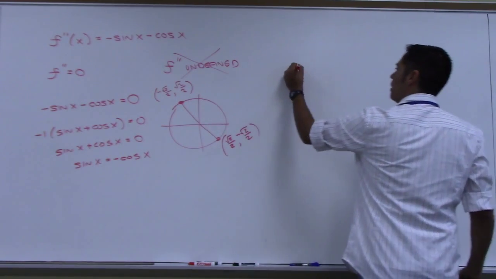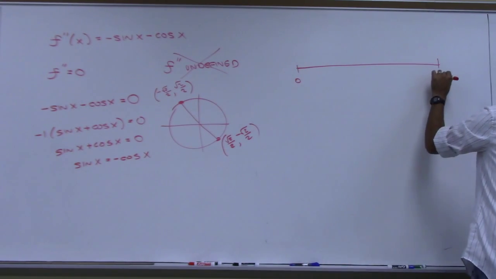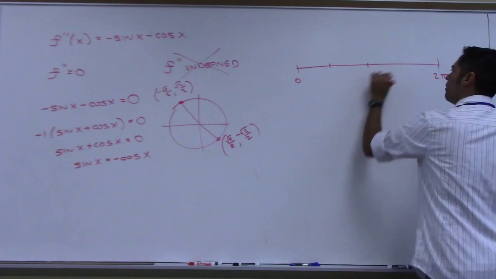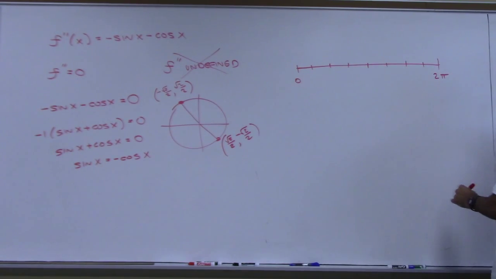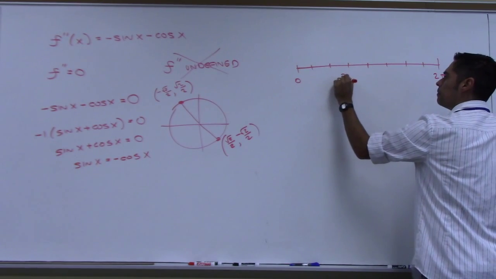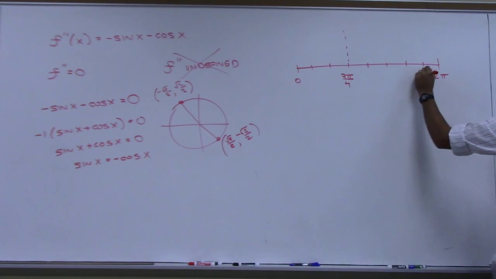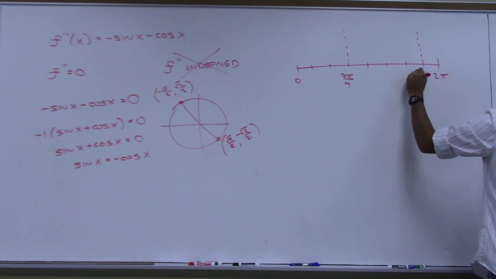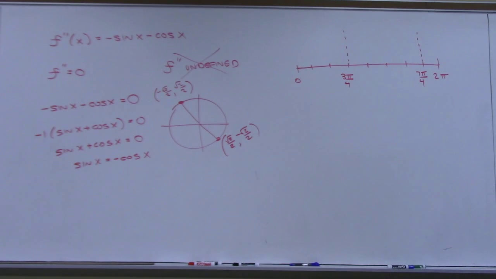So from that, I have a new number line. Here's 0. Here's 2 pi. Here's halfway, halfway, halfway. Quarter, quarter, quarter, quarter. So 3 pi over 4 is here. 7 pi over 4 is here. And so I need some test points.